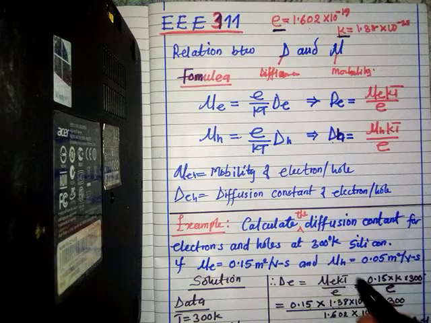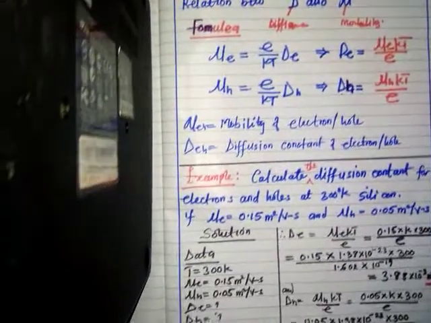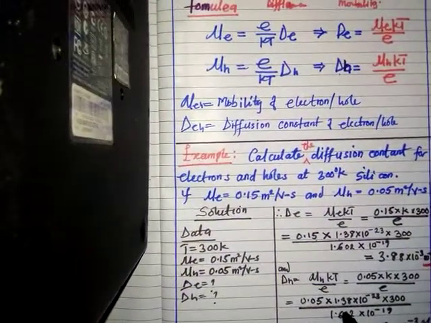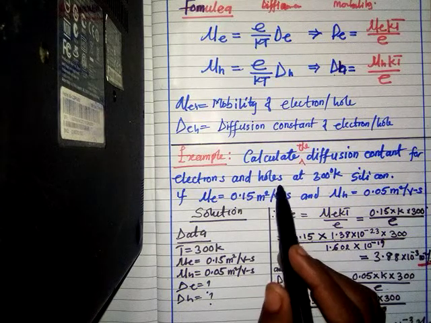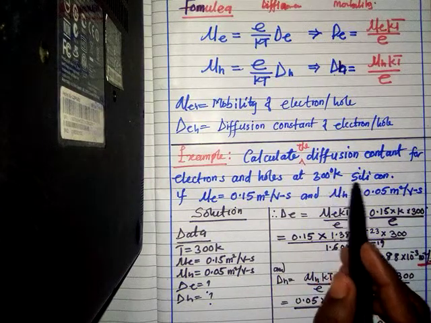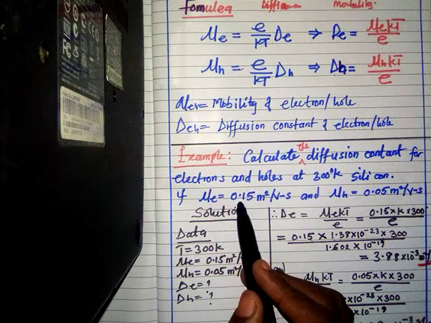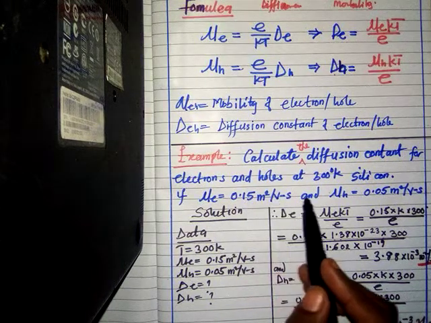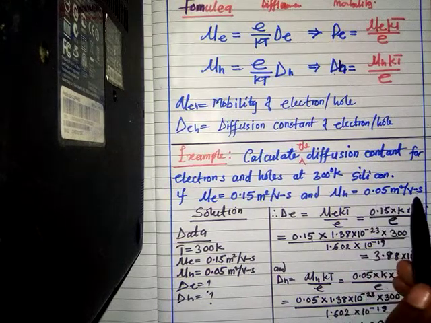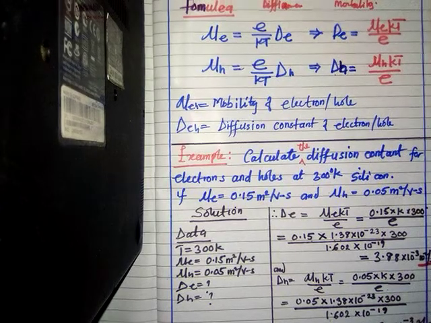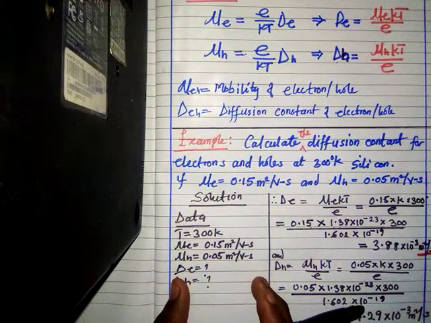So if you're given a question, maybe for example, that says calculate the diffusion constant for electron and holes at 300 Kelvin in silicon, if our mobility of electron is equal to 0.15 meter square per Vs and mobility of hole is equal to 0.05 meter square per Vs, what we are first to do is write out our data.